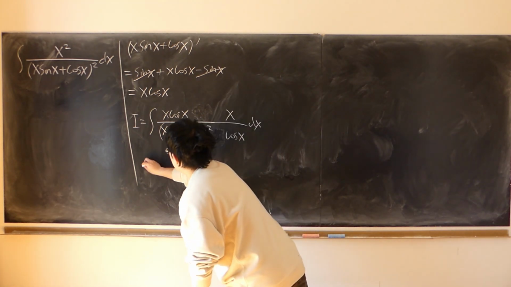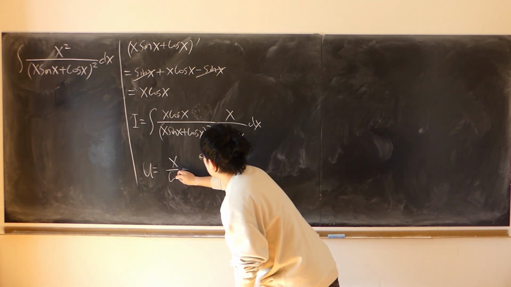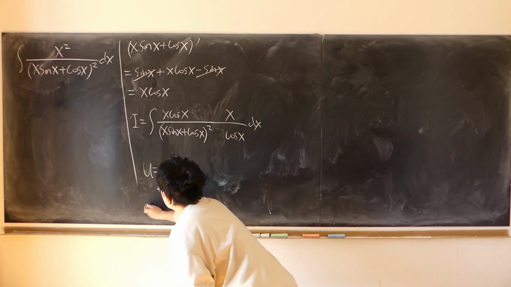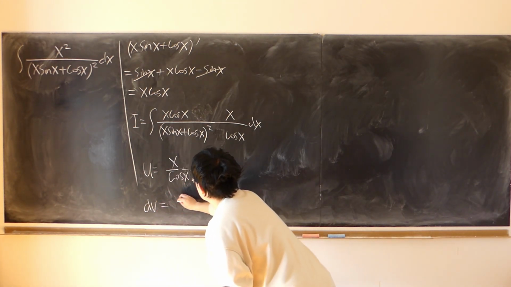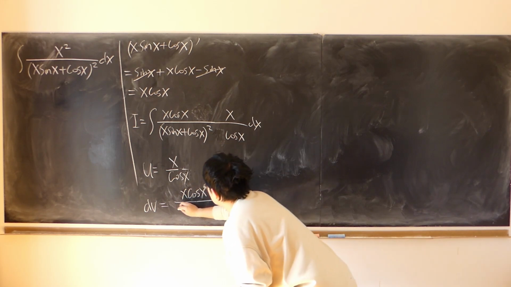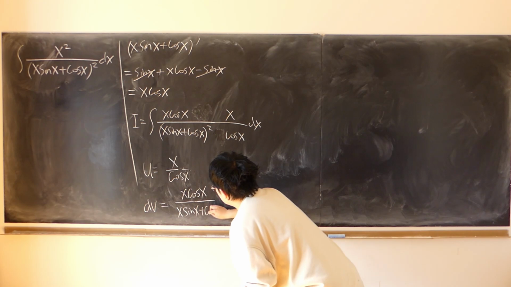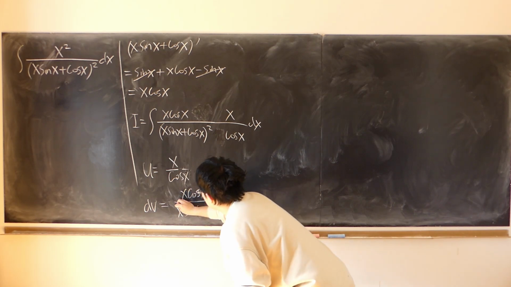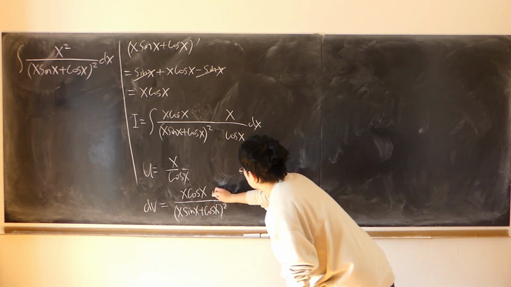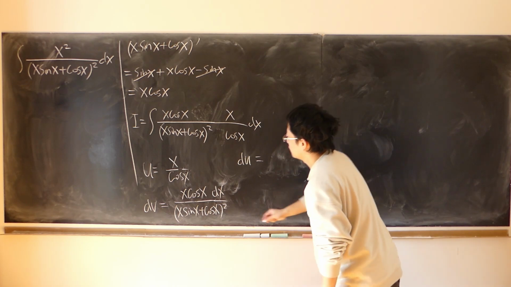U is x over cosine x, dv is x cosine x over (x sine x plus cosine x) squared dx.